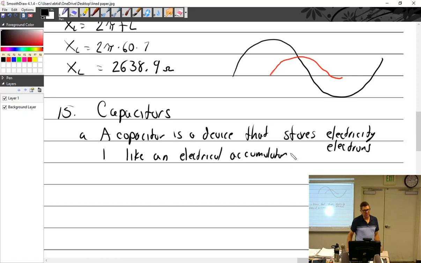We use accumulators in hydraulic systems. An example would be, you have a pump and then a line that goes over to a flap actuator. So it makes the flap go down and back up. But right in between the two, kind of parallel off of it, you would put a cylinder. The cylinder has a whole bunch of fluid in it, and a piston with a big old spring.